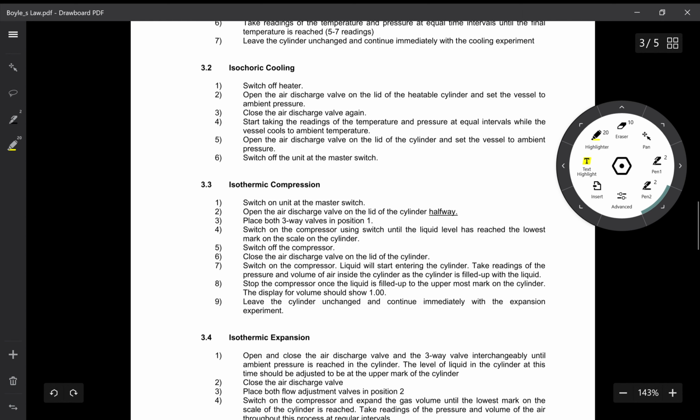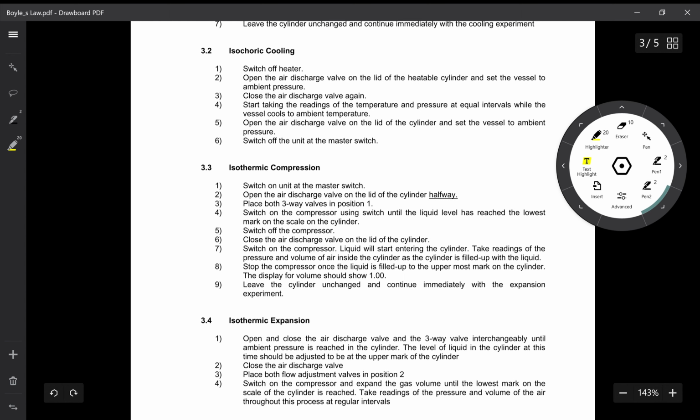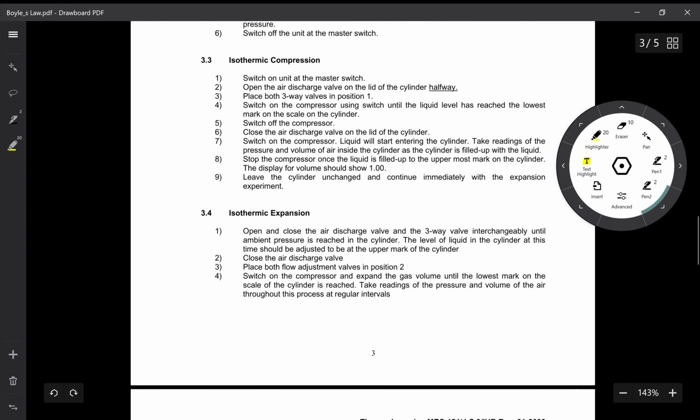Then isothermic compression, where the pressure is increased while maintaining the temperature, and isothermic expansion, where the temperature is maintained and there is a change of volume, as well as a drop of pressure.